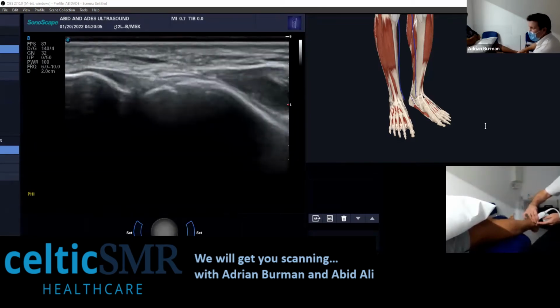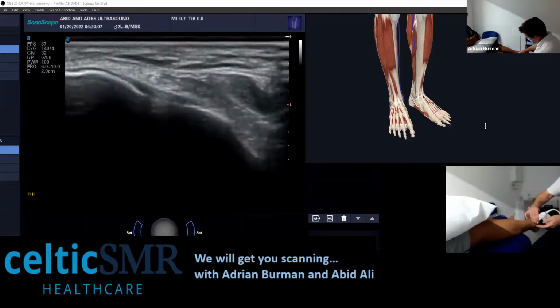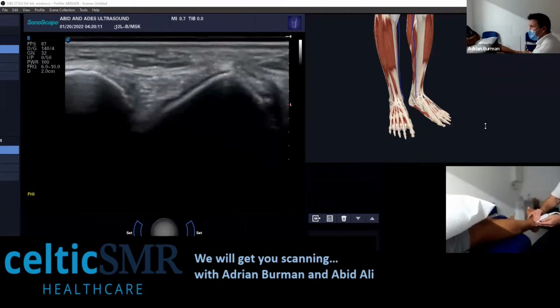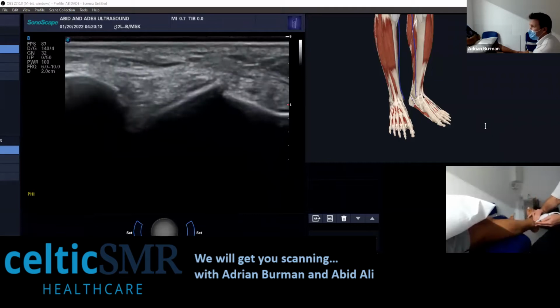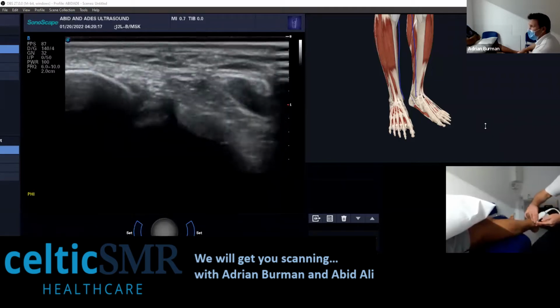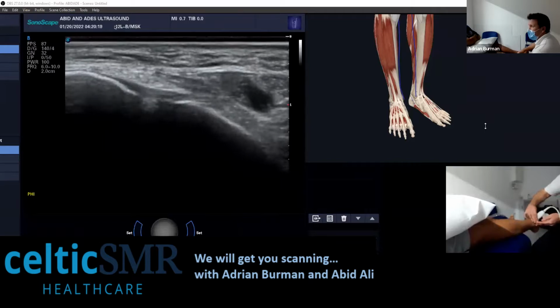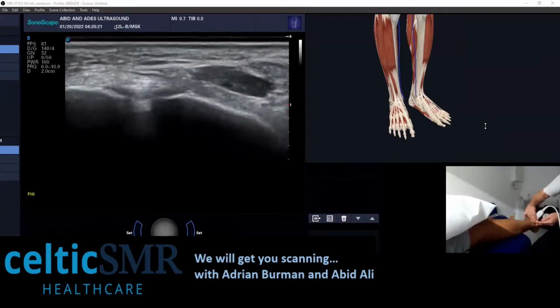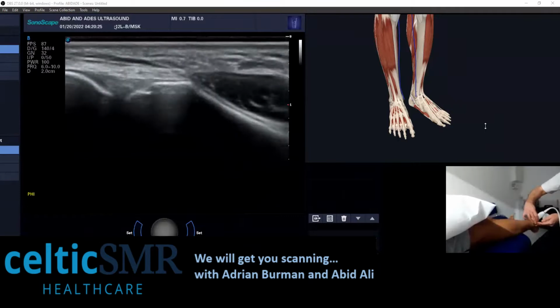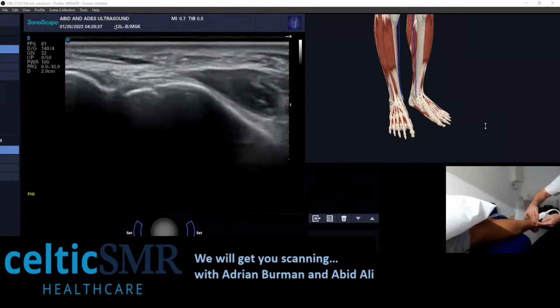So it's just clock facing, keeping this end of the probe still on the fibula, rotating round and then back onto the ATFL here. So it's basically just getting rid of that peak so it disappears until you see the other one, and you can segregate those.